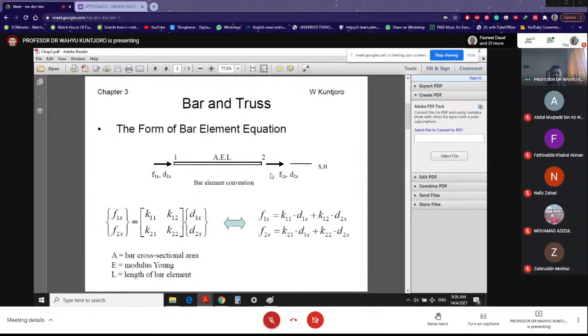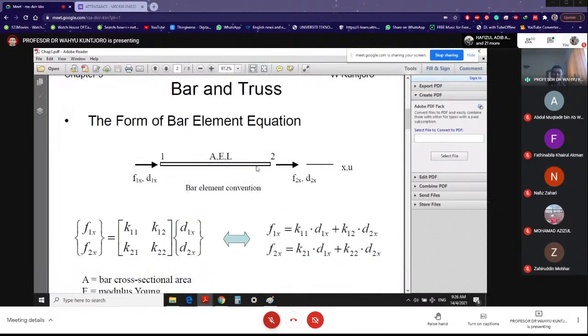You have the length of the bar, I call it L. You know the cross-sectional area of the bar, I call it A. You know the material, that means I know the modulus of elasticity, I call it E. So when we talk about bar, we don't talk about spring stiffness K. No, we talk about A, E, and L: area, modulus Young, and length. Okay, so now we are talking proper structure.